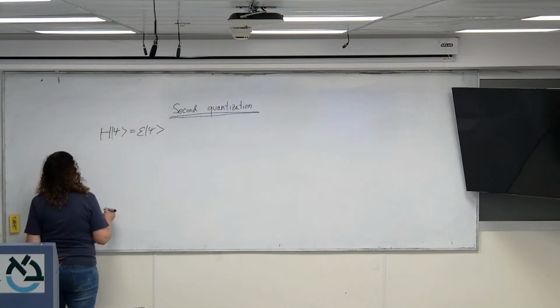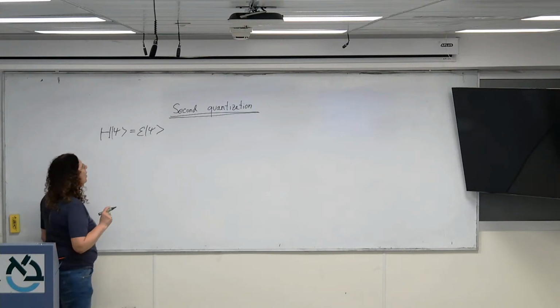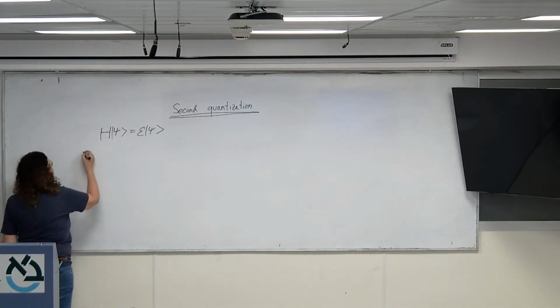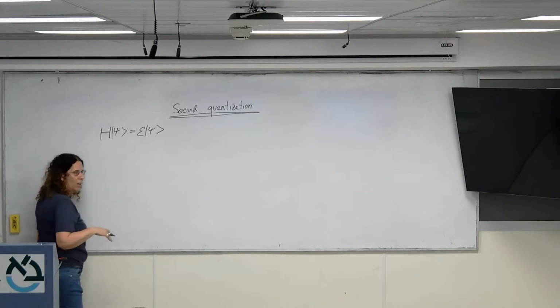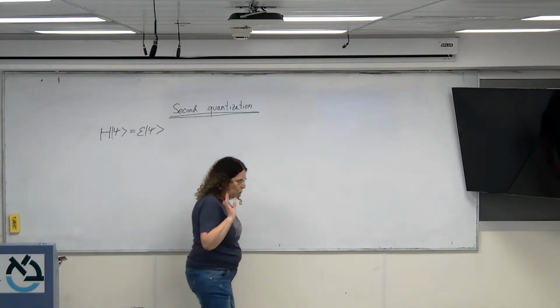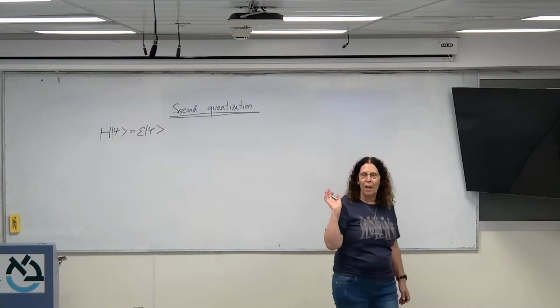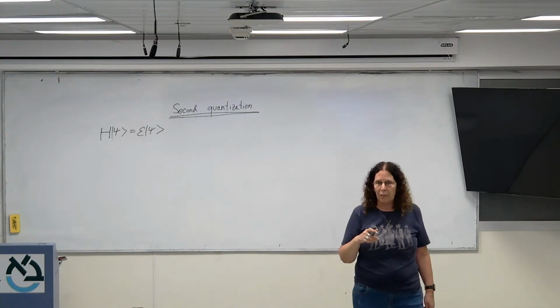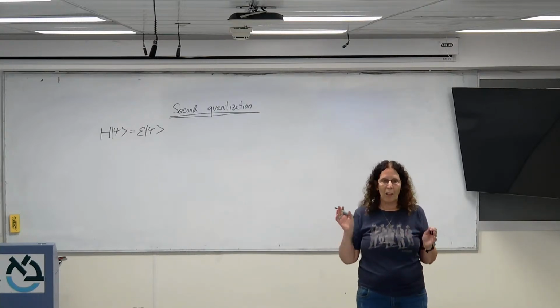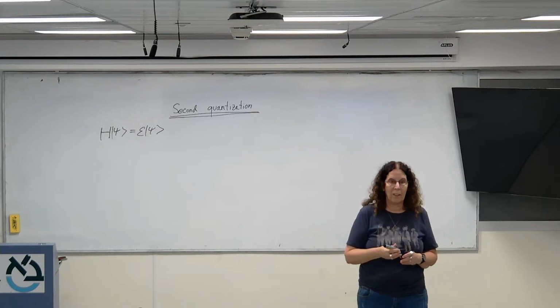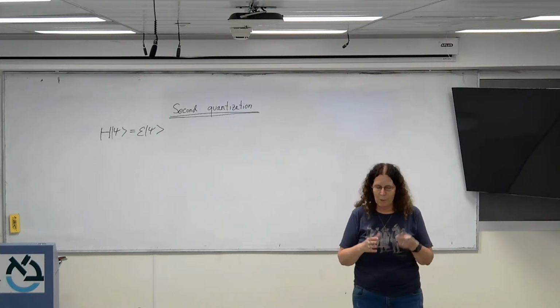So let's assume that we have some quantum problem where we have a set of particles, and for now let us focus on the case that we have only one type of particles. They can be photons or electrons or helium atoms, doesn't matter.